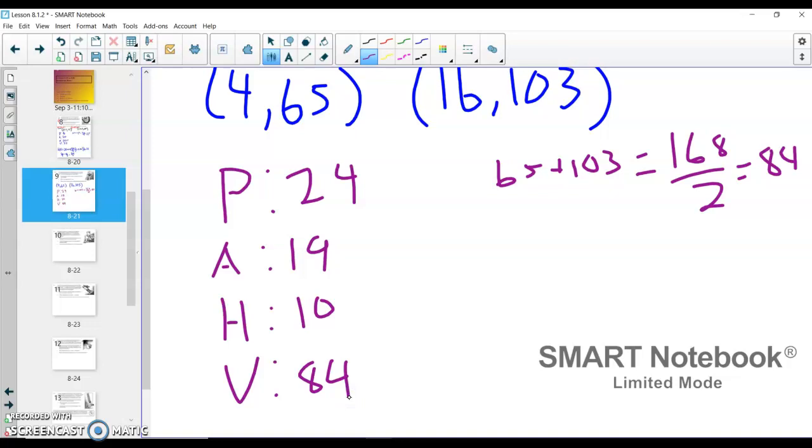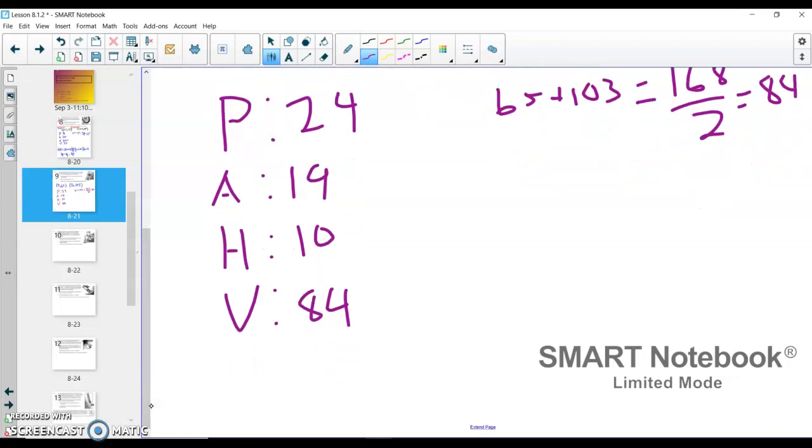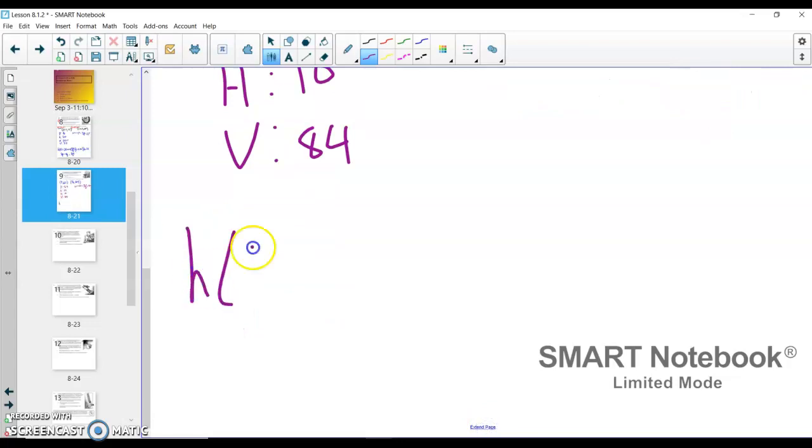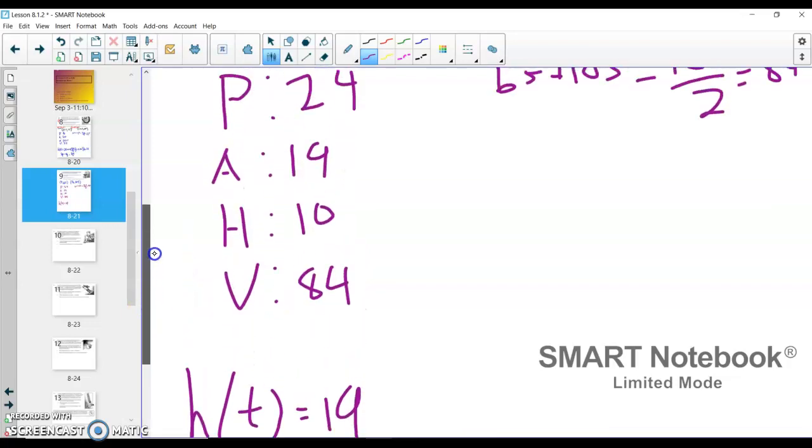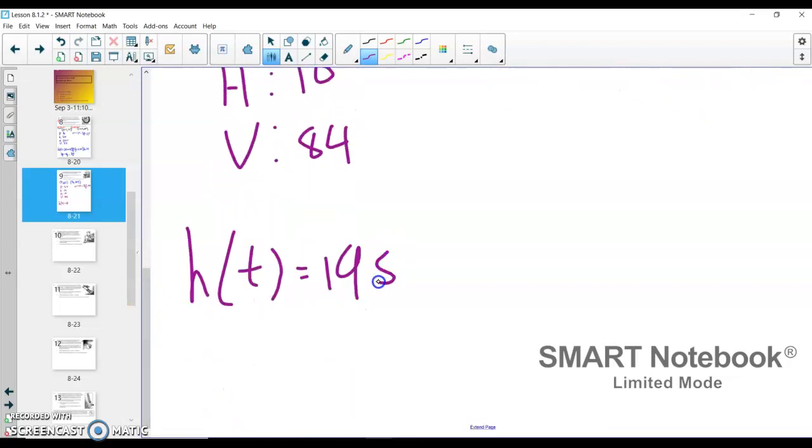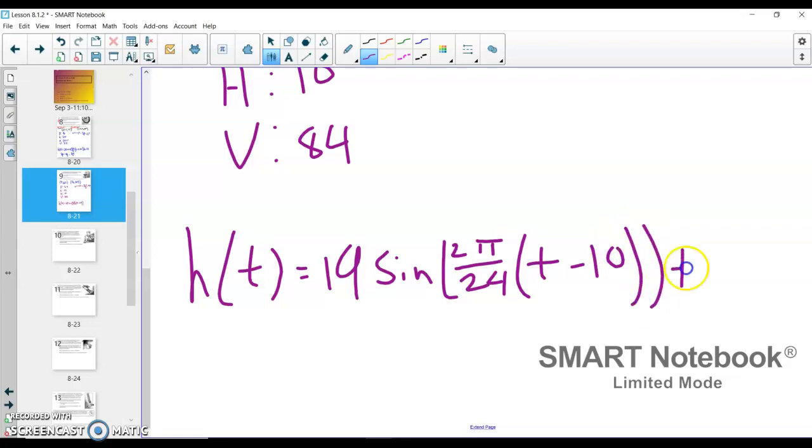And then I have enough to set up my sine function here. The sine function is going to start with the amplitude. So this is h of t equals 19 sine of 2 pi divided by my period of 24, times t minus the horizontal shift of 10, plus the vertical shift of 84.